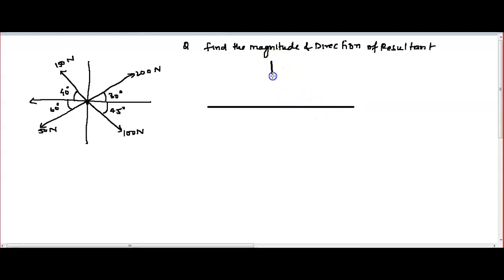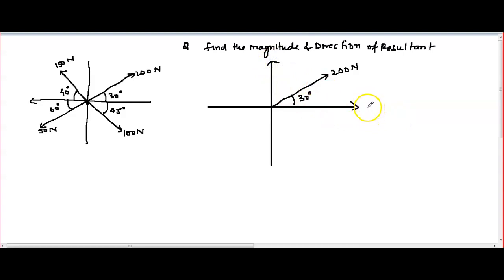This is the x axis, this is the y axis, right? Now the first force is 200 newtons. The angle is 30 degrees, so we can find the components here. How much?